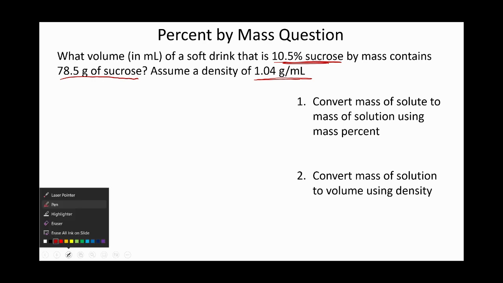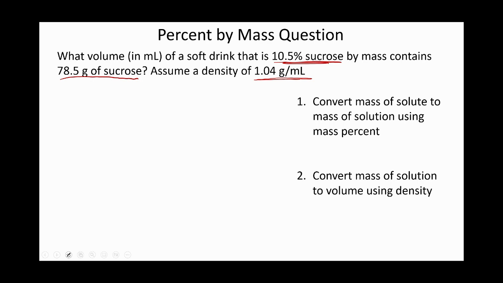All right, I assume that you have spent some time looking through this, so we'll solve this together. If we follow that first step, which says that we can convert mass of solute to mass of solution using mass percent, we know that our mass of solute is equal to that mass of sucrose, 78.5 grams, and our mass percent is equal to 10.5%. So we'd have 78.5 grams solute.